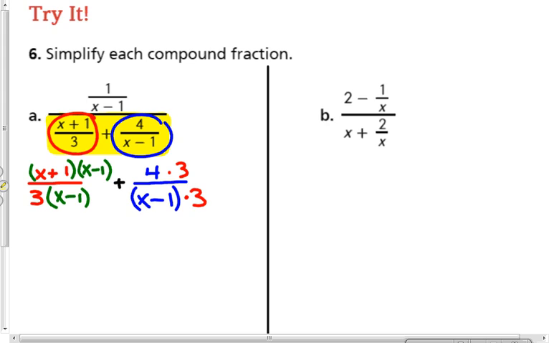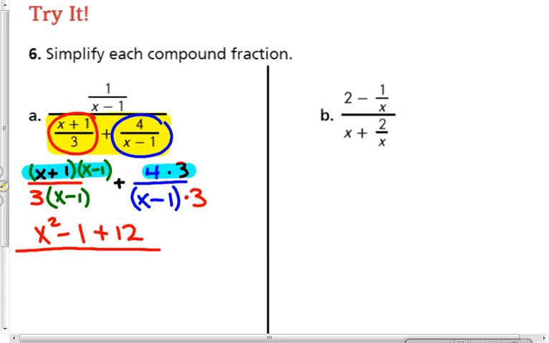All right, so what do we get when we multiply these? That's called the difference of two squares. What does it become when you FOIL it? X squared minus 1 plus, what's this? 12 over the common denominator.